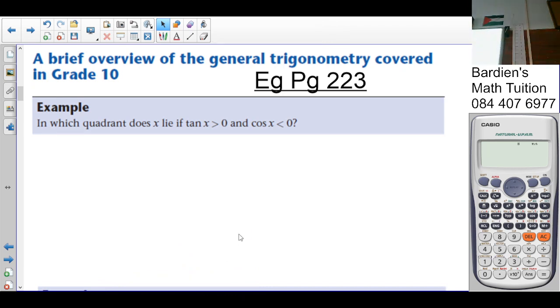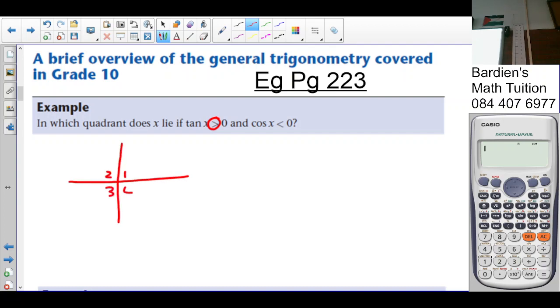Okay. Now tell me, which quadrant does x lie in if tan is greater than 0 and cos is less than 0? Third, let's check. If it says that tan is greater than 0, what does that mean? Tan is positive. Remember the quadrants are 1, 2, 3 and 4, and this is the all stations to clear diagram.